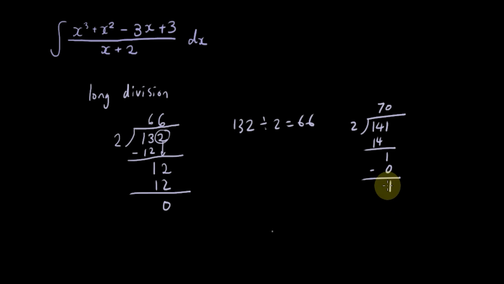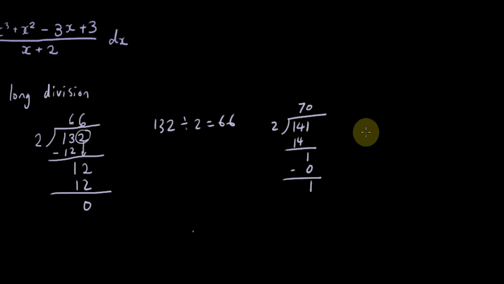So when you write this as an equation, you write 141 divided by 2 equals 70 plus, and then you write the remainder divided by the divisor, 70 plus 1 over 2. Which is right, because 70 plus a half, which is 0.5, is 70.5. So that's how you do it.